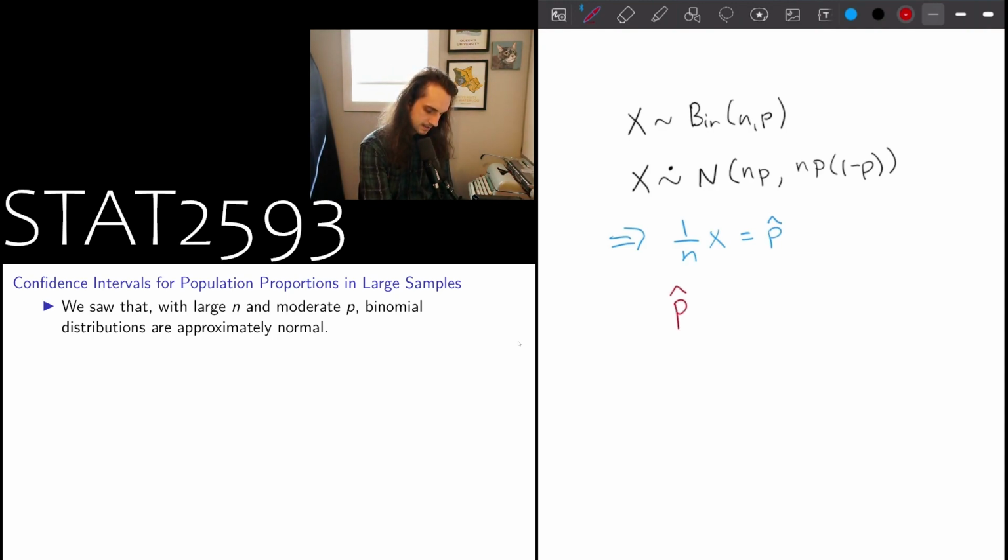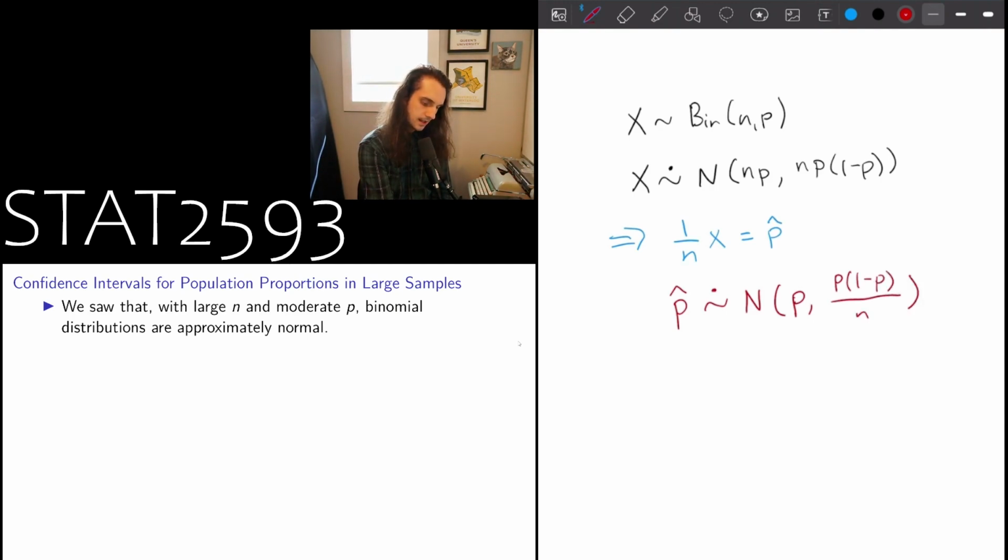Based on the properties of our expectation and our variance, p hat is going to be approximately distributed as a normal random variable. Remember, if you're multiplying by a constant, you multiply the expectation by that constant, so it's normal centered at p. With the variance, you multiply by the constant squared, so it's going to be 1 over n squared times n p times 1 minus p, or p times 1 minus p divided by n.